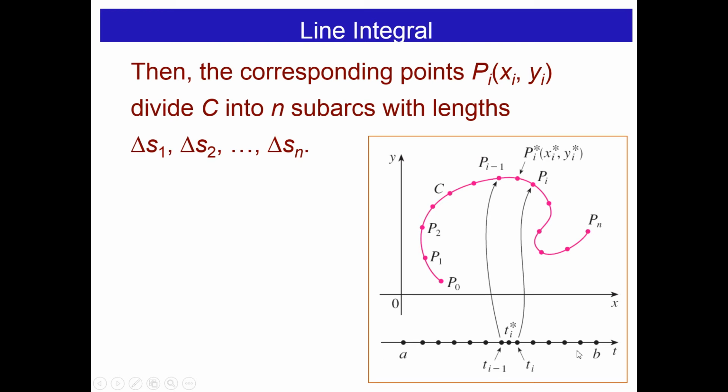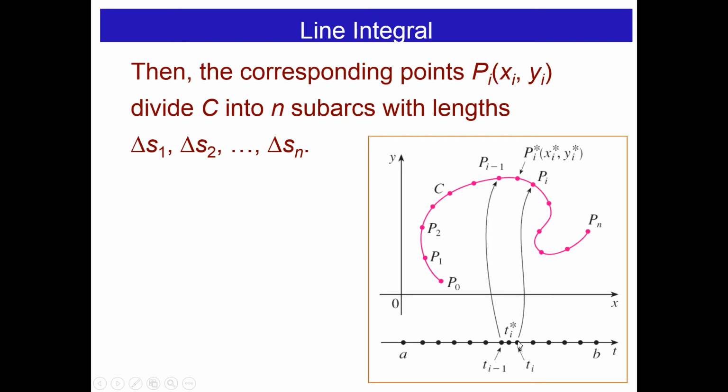Here is the interval AB, and t belongs to this interval. If this is the point t(i-1), then corresponding to this value of t, there is a point P(i-1) on the curve whose coordinates are x(t(i-1)), y(t(i-1)).